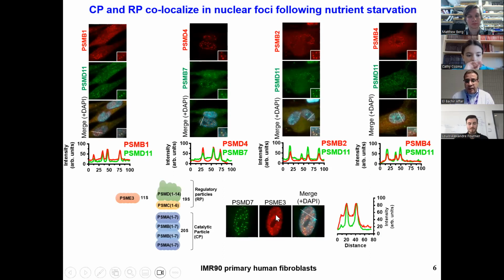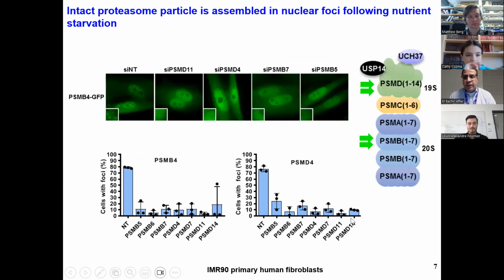He could also see that PSME3, this other proteasome regulatory particle, can also be co-localized in these proteasome foci. He could also do that with PSMB4-GFP, so he generated a fusion protein of PSMB4. He generated additional fusion proteins for the catalytic particle or the regulatory particle, and in each case he could see that we have very nice foci in the nucleus upon nutrient deprivation.